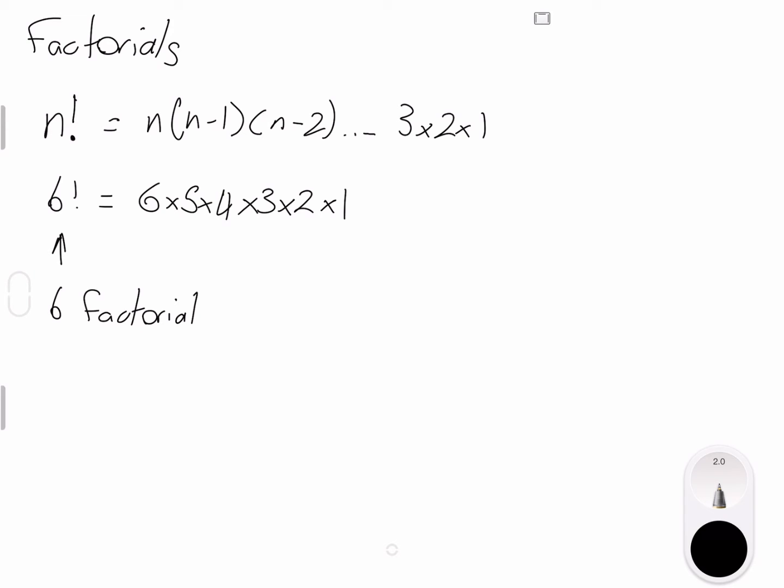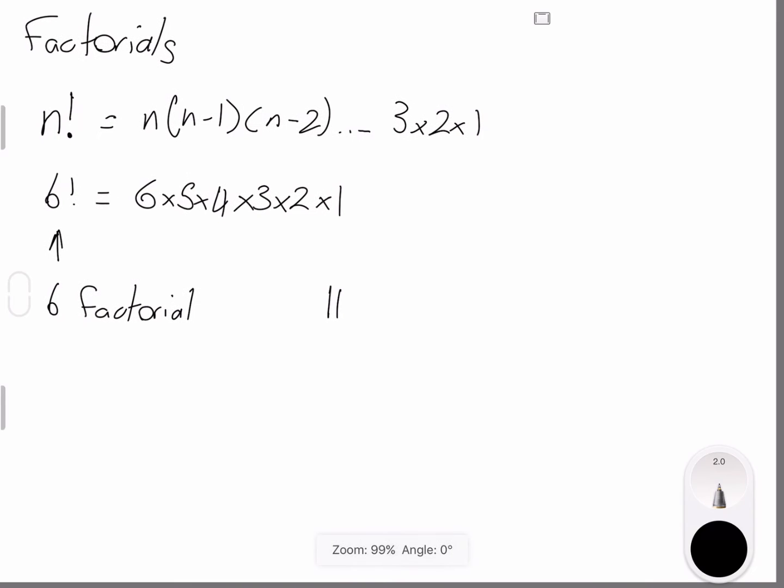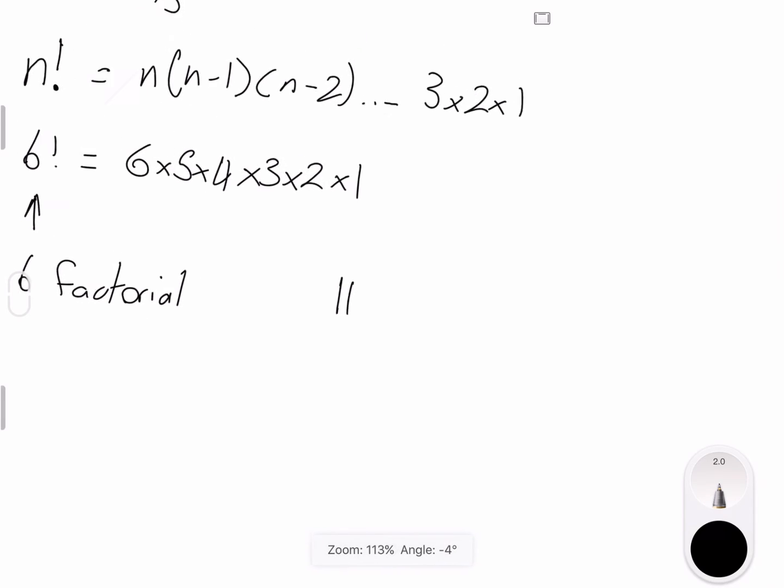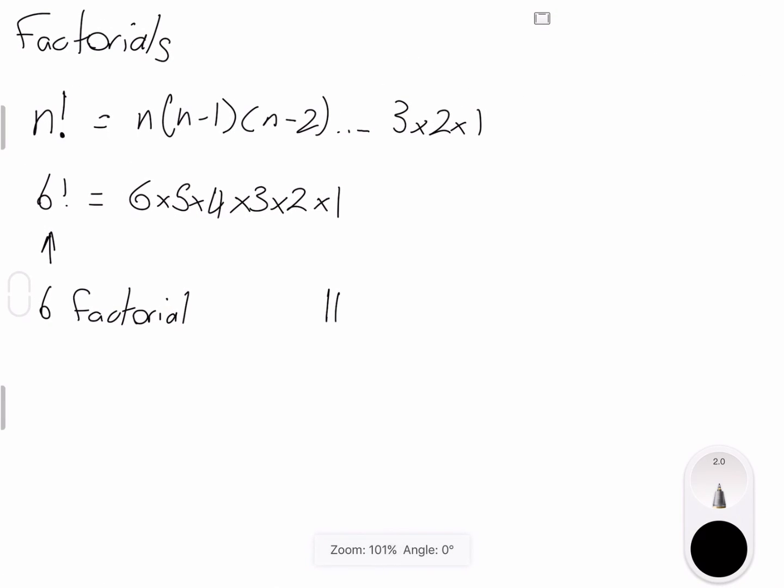What if, though, we want to work out only, say, between 11 down to 8?